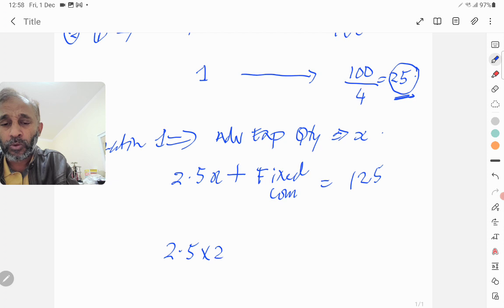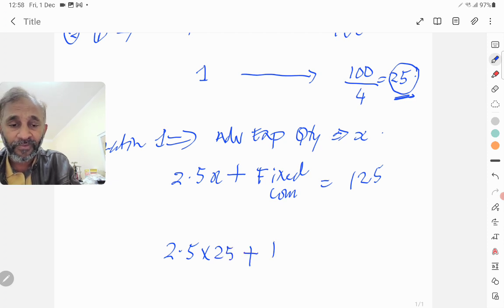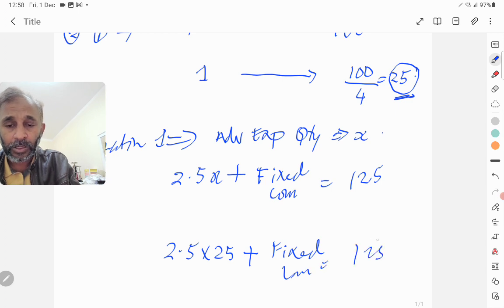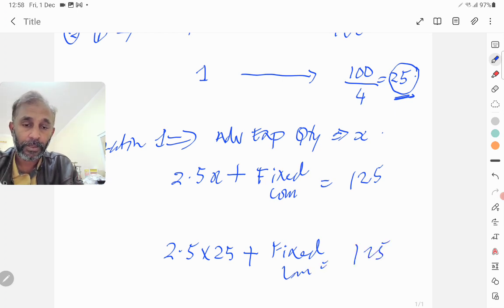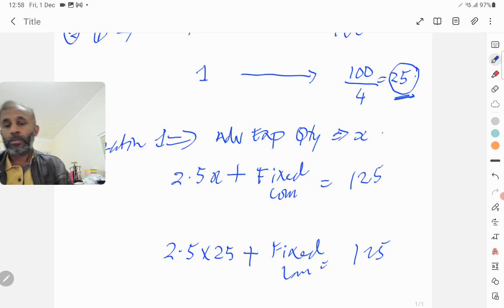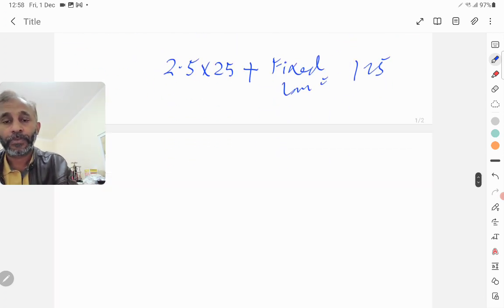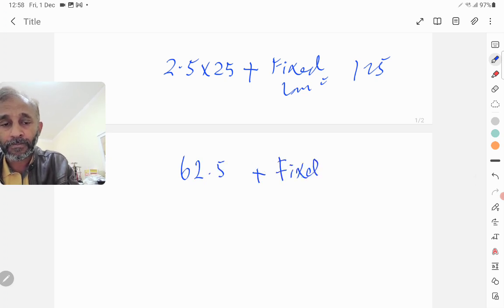So 2.5 into 25 plus the fixed component, which we don't know, equals 125. So 2.5 into 25, I am getting 62.5 plus the fixed component, which is 125.